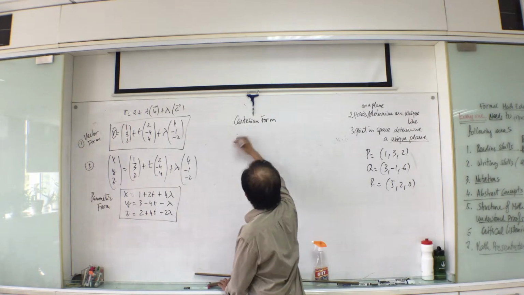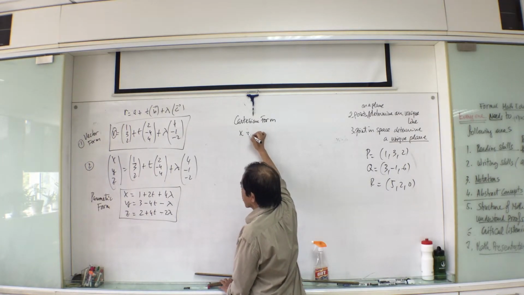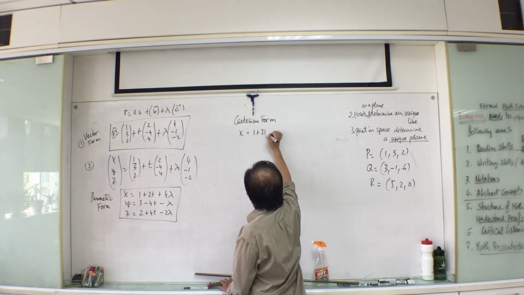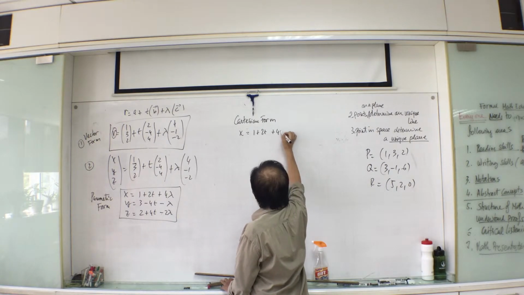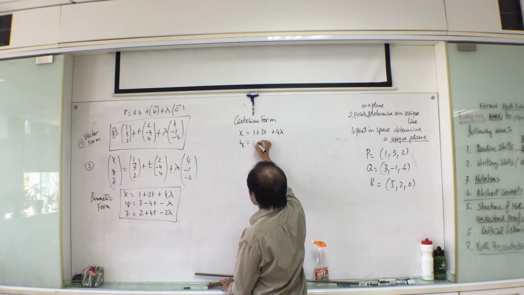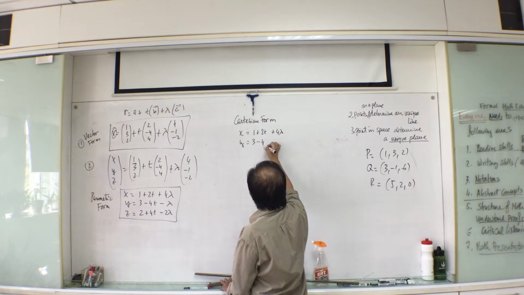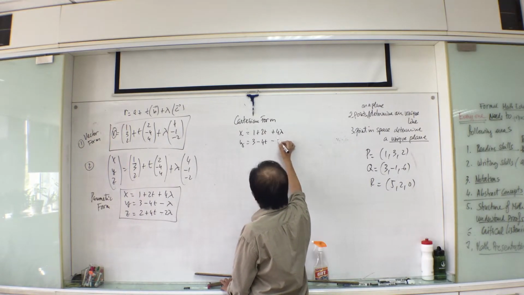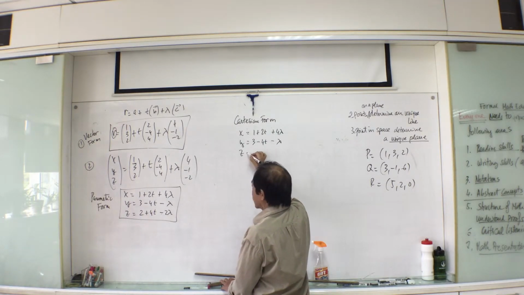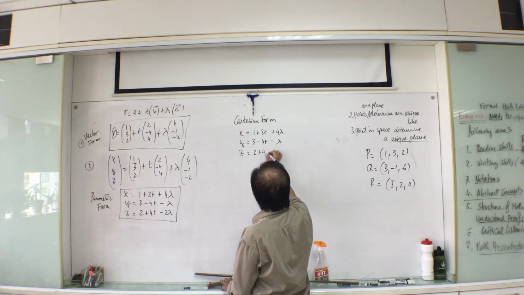So let me copy this again. You have x equals 1 plus 2t plus 4 lambda, and y equals 3 minus 4t minus lambda, and z equals 2 plus 4t minus 2 lambda.